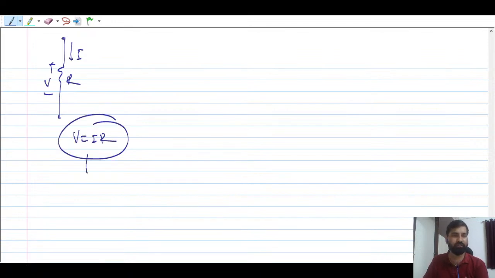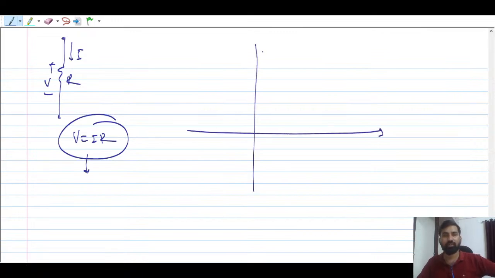So if I talk about the IV characteristic, suppose you have a resistance R, and the current I is flowing, and the voltage across this is going to be V. So this is nothing but V equals IR. So you can say that this follows a straight line. This is I, this is V, and you just pass the line through the origin. V equals IR.